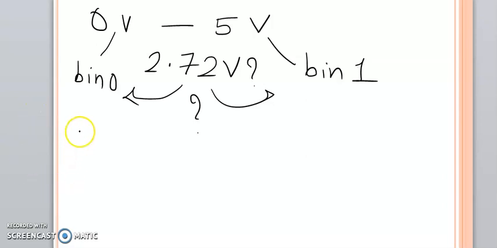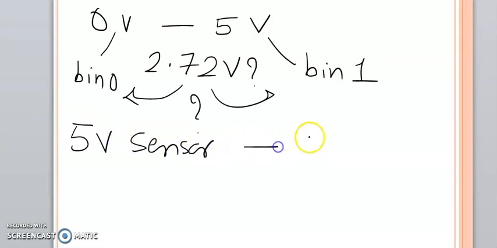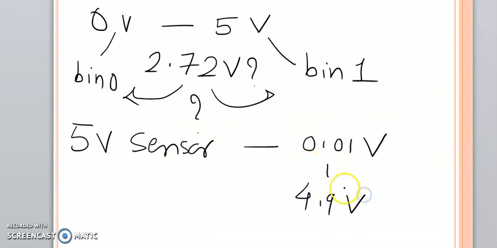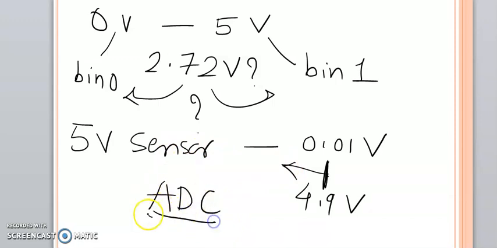A 5-volt sensor can output in between 0.01 volt to, let us say, 4.9 volt, so it can give values in between these two numbers. How to convert this value to an appropriate digital signal? That task is done by ADC, analog to digital conversion ICs.